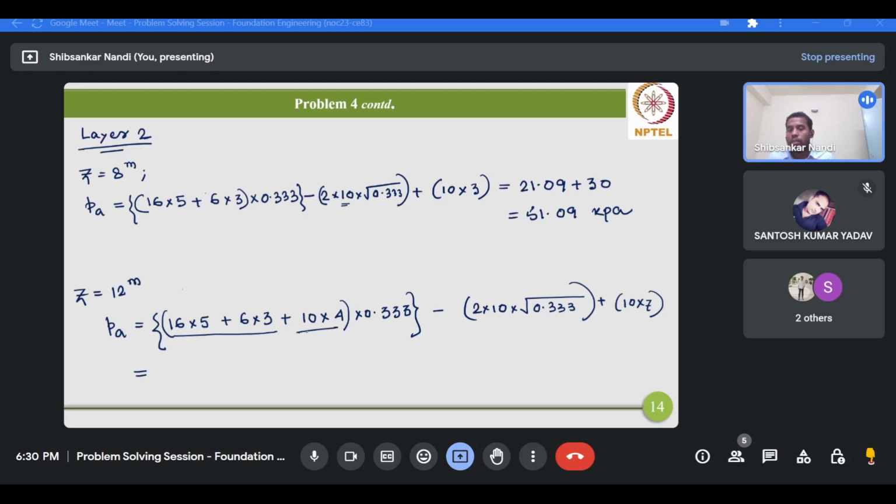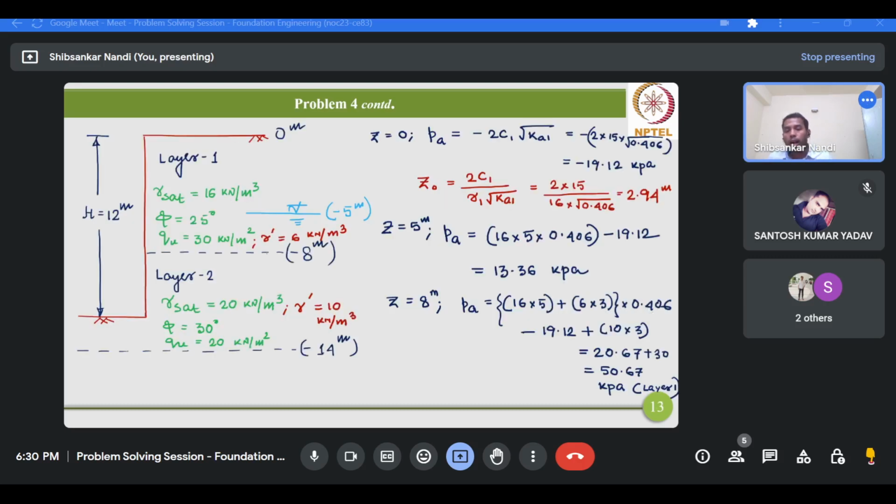So this is the additional term coming from layer 2. Then this 2C2Ka2, it will remain same. However, for the pore water pressure, now this depth would become 7. How? Because this is the 12 meter level, this is the 5 meter. So the distribution you will have for a depth of 7 meter. 12 minus 5, that will give you 7 meter.